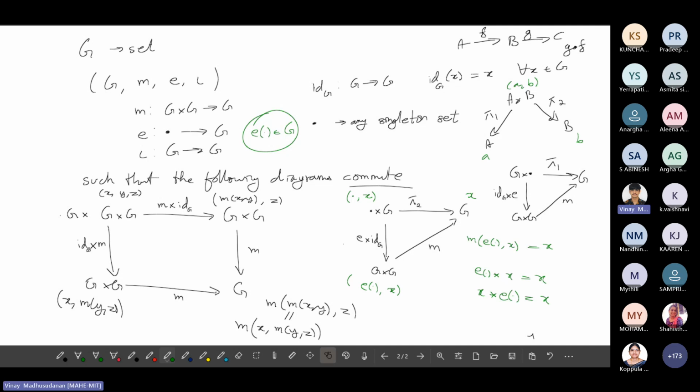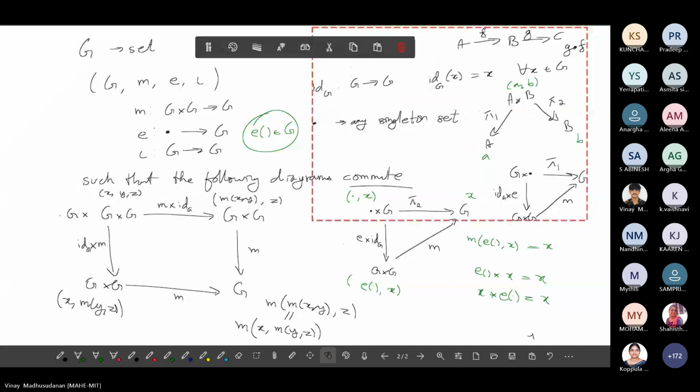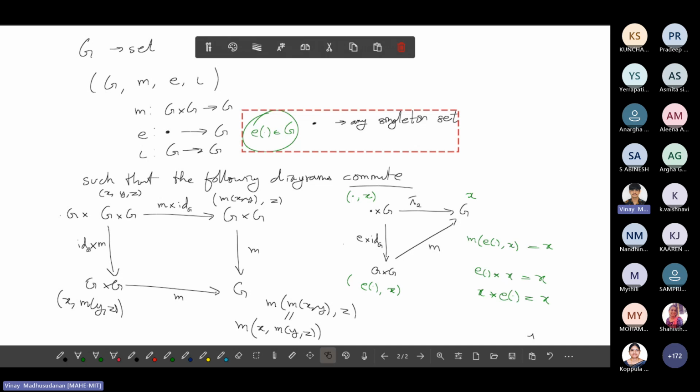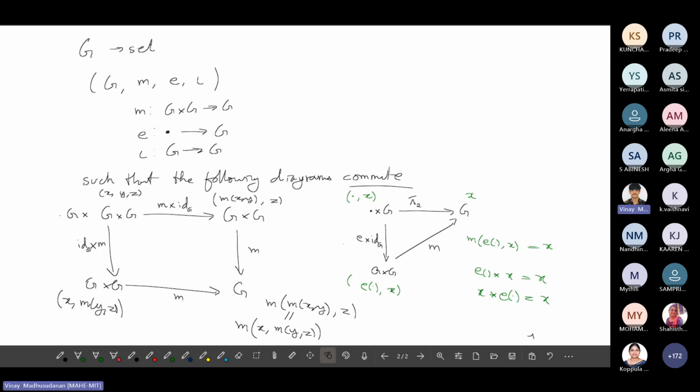Right. Now for the third one, I. So obviously I'm going to use this to define the inverse. So how to define this? You got all this, right? I'll erase it. Make space for the next diagram.